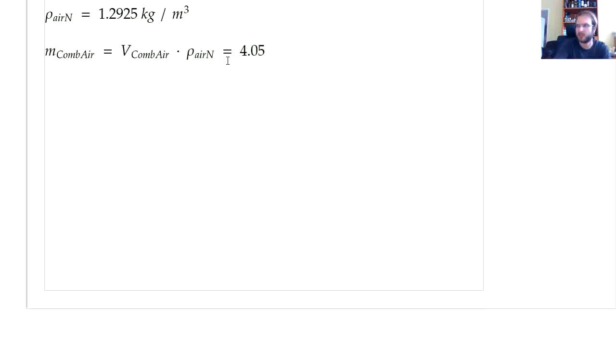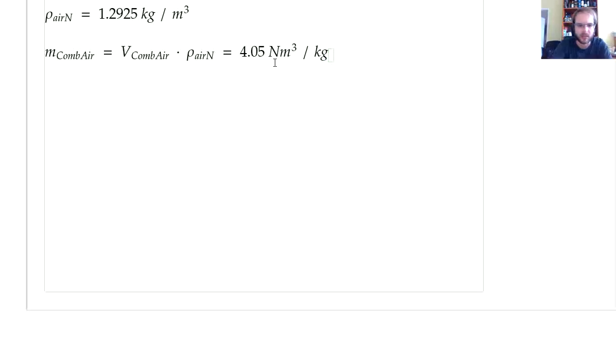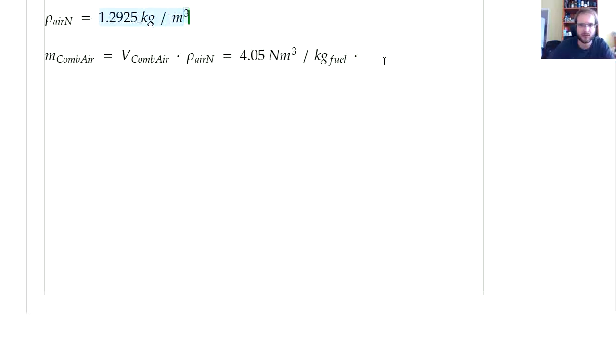So it's 4.05 normal cubic meter per kilogram of the fuel, multiplied by this 1.2925 kilogram per cubic meter, or actually also normal cubic meter, because it's defined at the normal conditions.